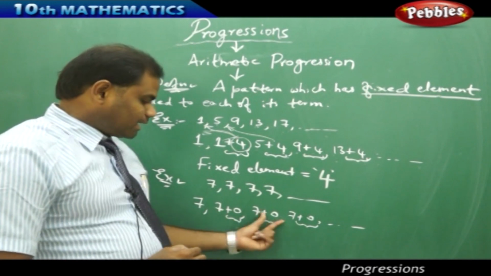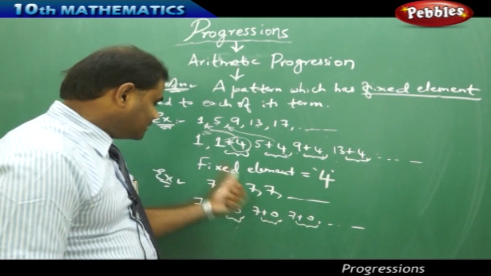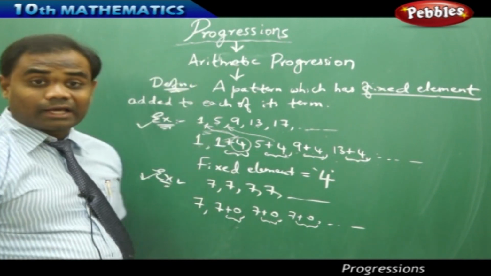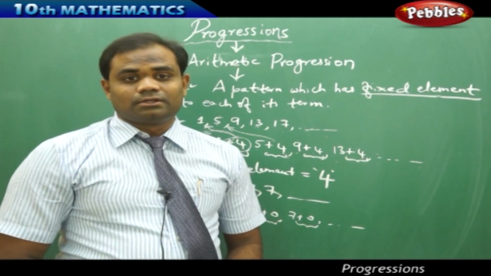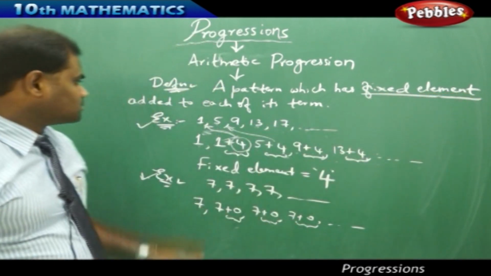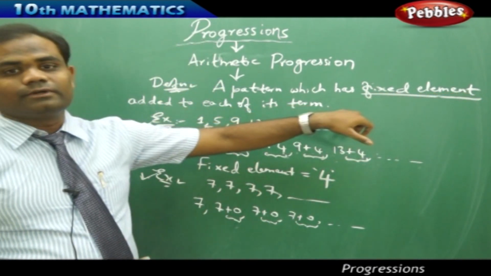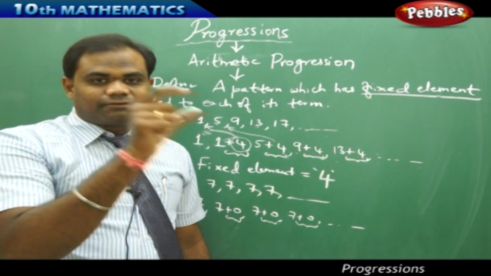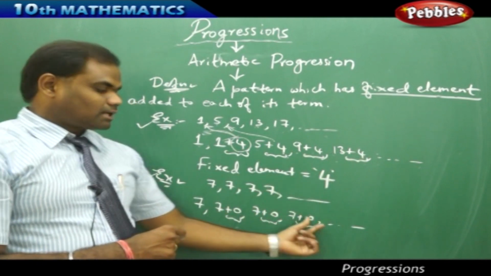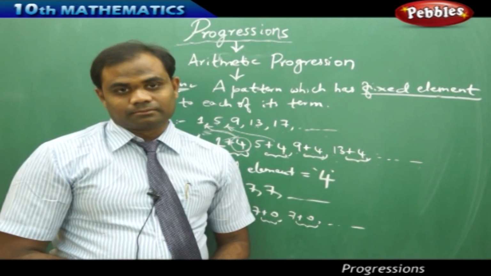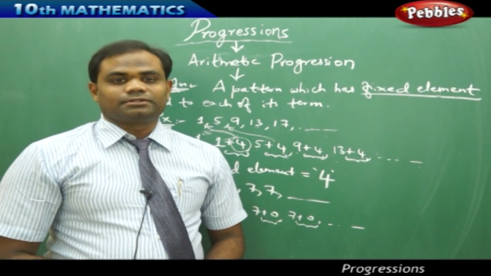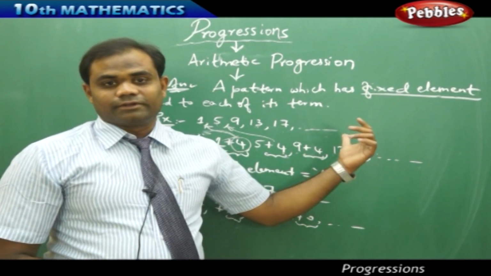So, because I can add the fixed element 0, I say this is an arithmetic progression, and this is also an arithmetic progression. The only restriction out here is that a fixed element must be added to each of its terms. You need to identify a fixed element added in each of its terms. A fixed element added in each of its terms is how we identify the arithmetic progression in its own definition.